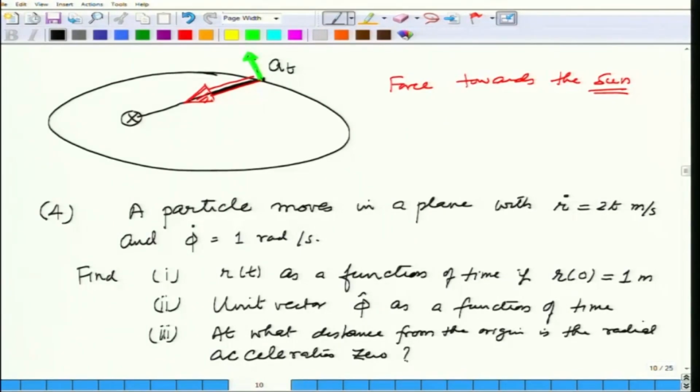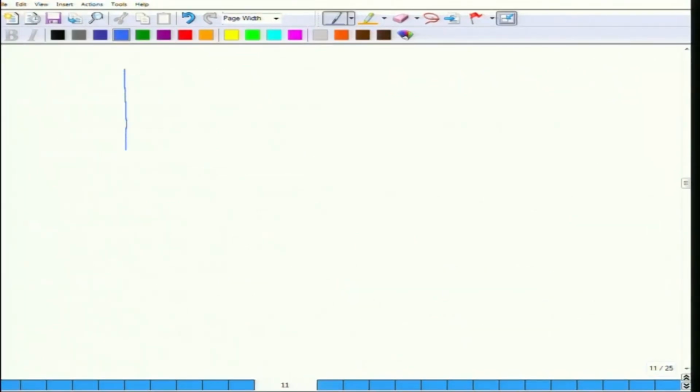So let us do this. We have been given, so let me just first make this picture which always tells you a lot of things. A particle is moving out, it started at t equal to 0 at some distance, r(0) equals 1 meter. It is not given what the phi position was, so we will take some arbitrary phi position, let us say phi 0, and it moves out. Let me make it in red.